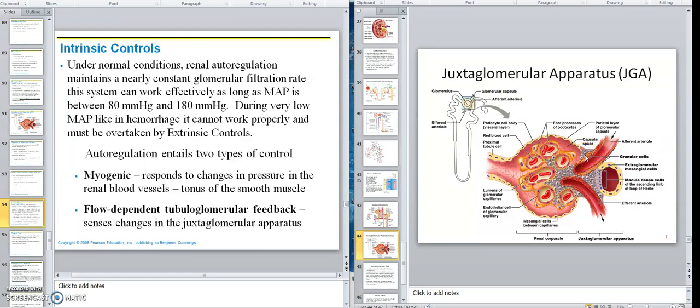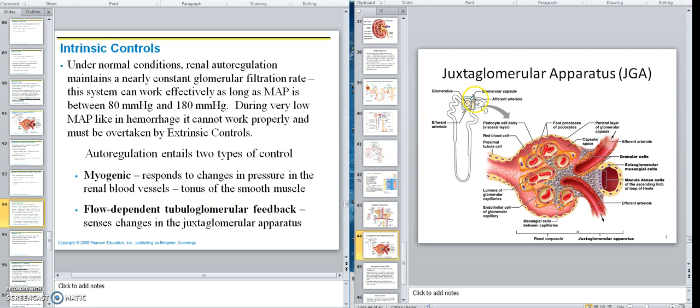Okay, that's the myogenic. The flow-dependent tubuloglomerular feedback has to do with the macula densa, which is way down the road, way down in the distal convoluted tubule. But you want its efforts to control the glomerulus aspect and the arterioles. So it's a tubuloglomerular feedback.